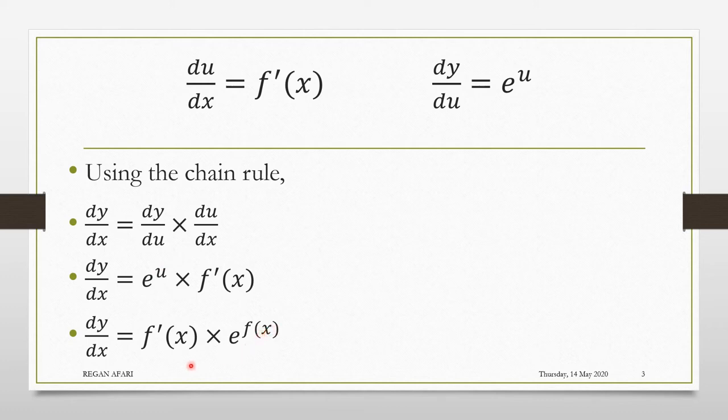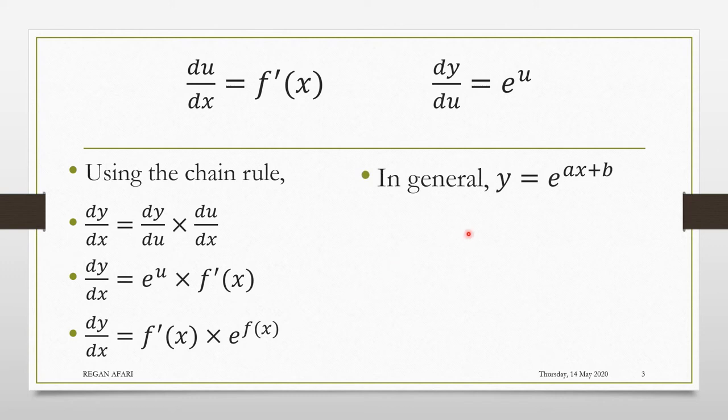So what this actually means is that when you are given a function y is equal to e raised to the power f of x, just differentiate the power and multiply by the function itself, and you are done. Basically, that's what we are talking about.